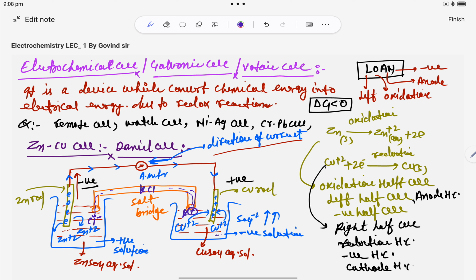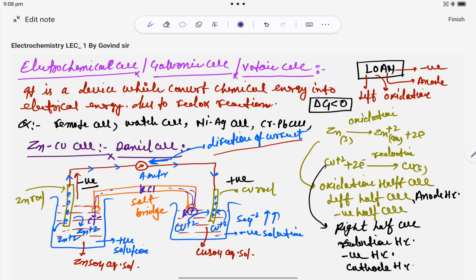That is why your remote cell, your watch cell works for a long time. Sometimes they work 6 months, 8 months, years, because of this salt bridge. So this is the complete construction of the zinc copper cell.